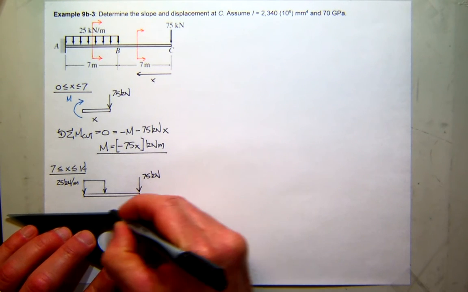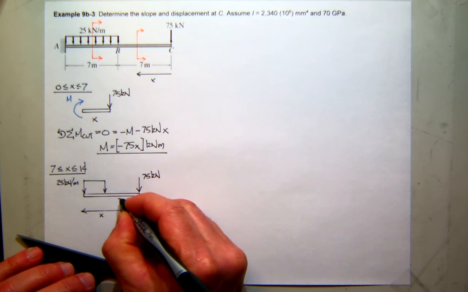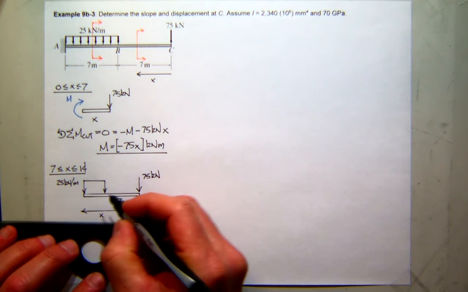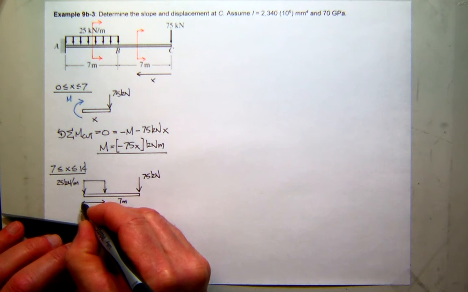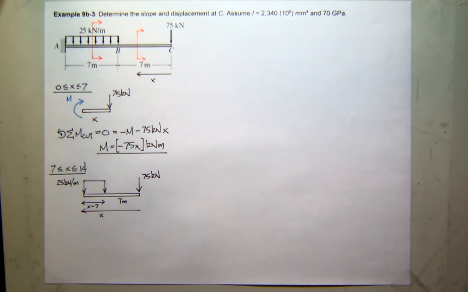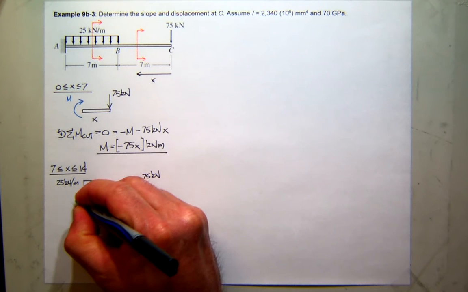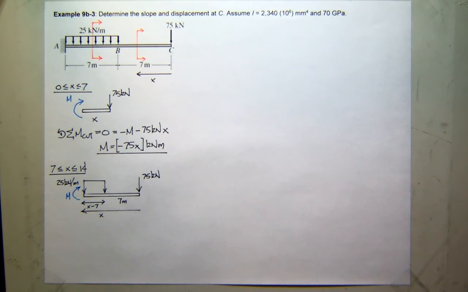This is still my distance x, but I know this part is 7 meters, so what would this little segment be? It'd be x minus 7. And then I'm still looking for the internal moment, m.